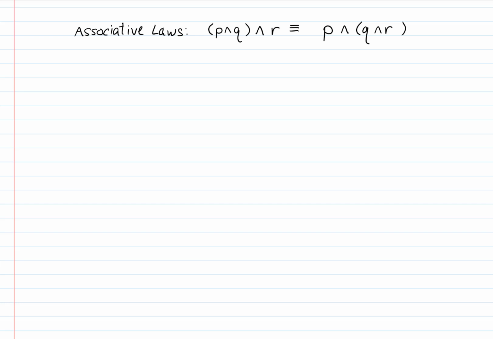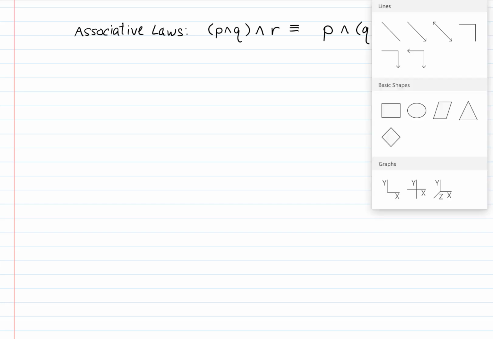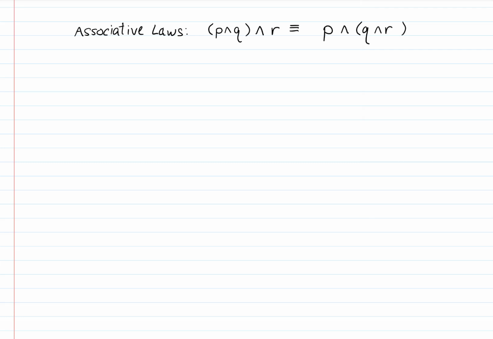So let's prove that. This truth table's got 3 variables, so it's going to be a little bit wider. It's going to have more columns. It's also going to be twice as tall, because since there's 3 variables, there's going to be 8 possible combinations of true and false.